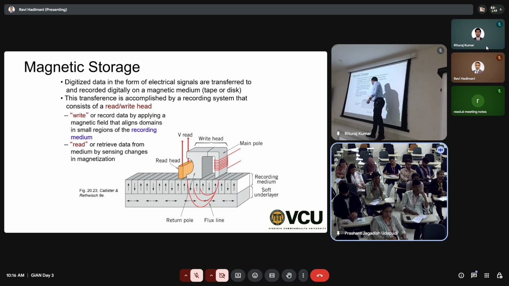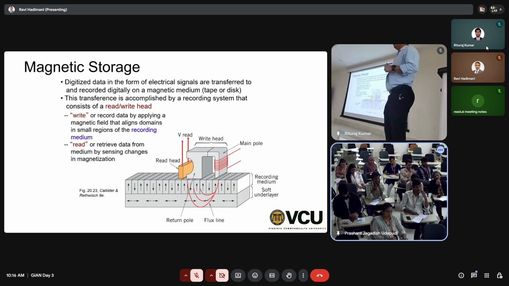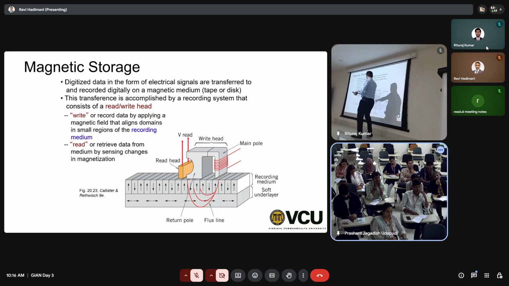And what do you think the read head is? It has to read. What do you think it is made of? How does it read? What is a read head? It senses small magnetic fields. Some magnetic sensor, but what is that sensor?